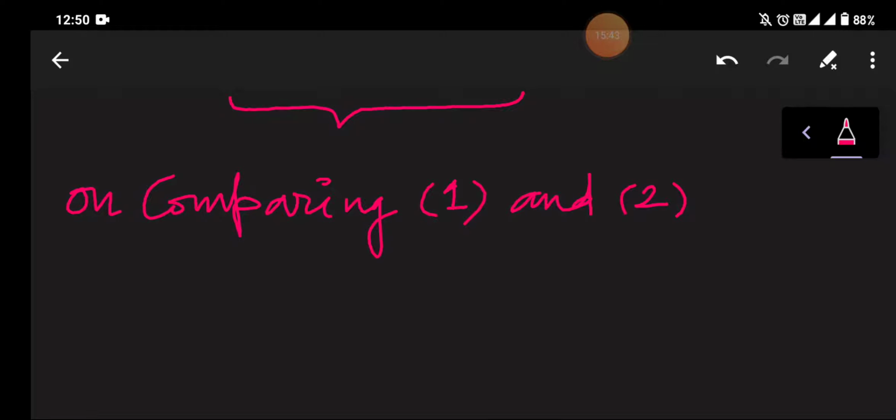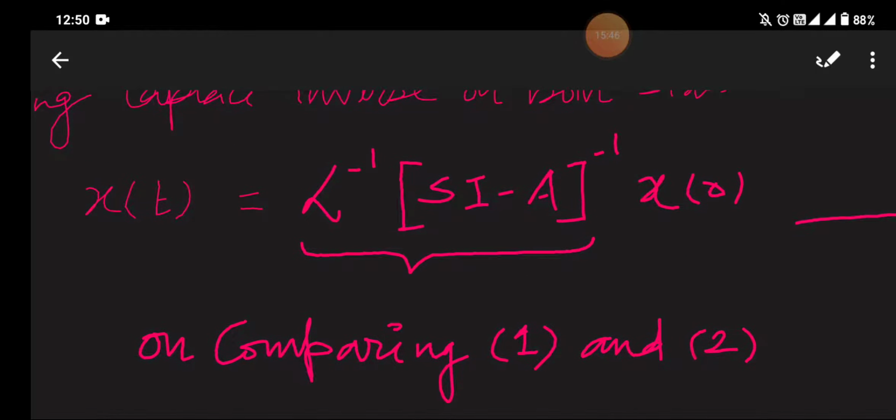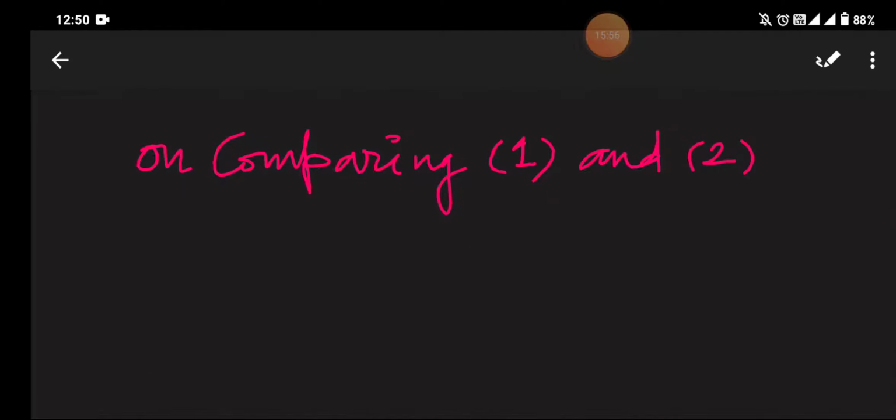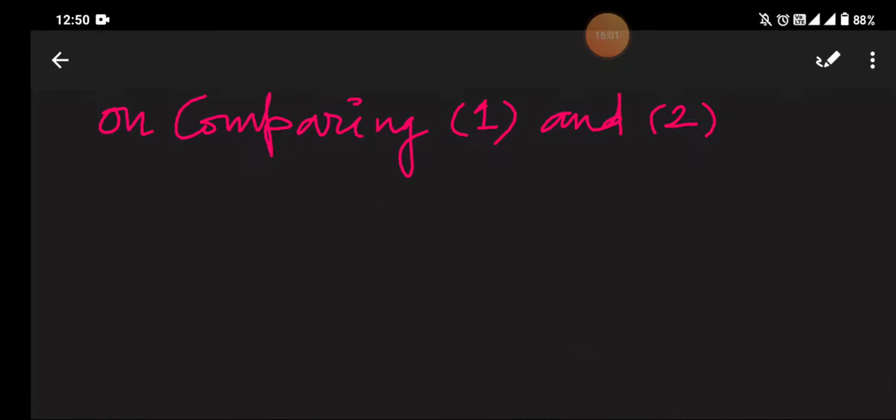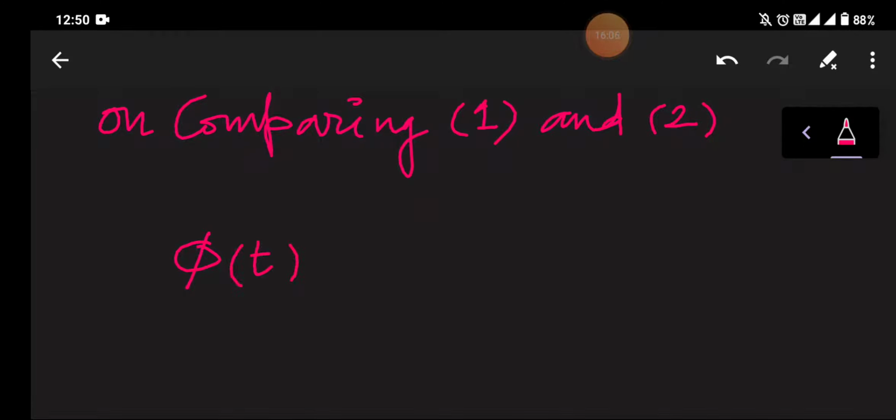when you compare these two equations, you can see that x0 is here, xt is here, the state at any time t, this is the initial state, so phi t will be equal to Laplace inverse of sI minus A inverse.